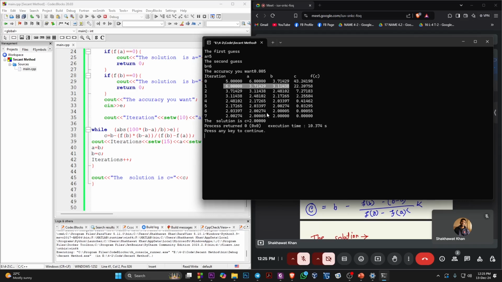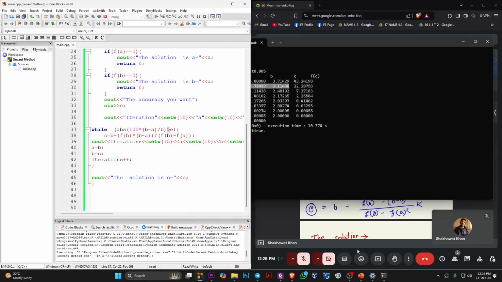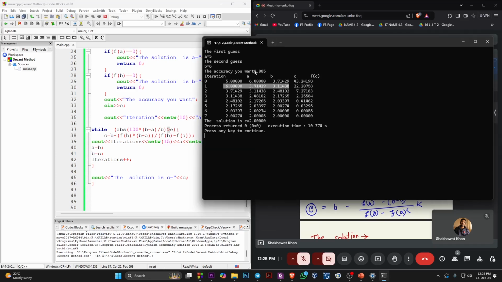So this loop continuously happens as my error value is greater than the accuracy I want, that is 0.005, and when this error value is less than 0.005, this loop is discontinued and my solution comes out in c.